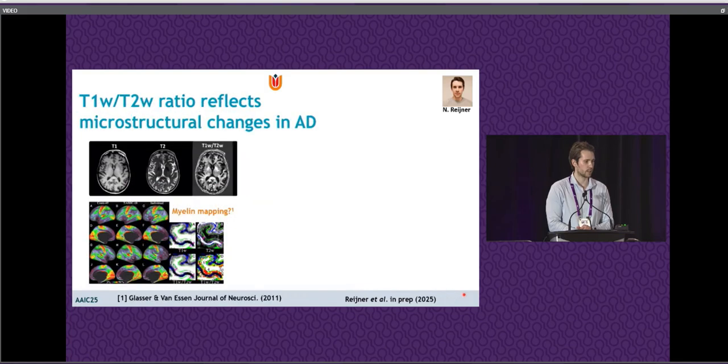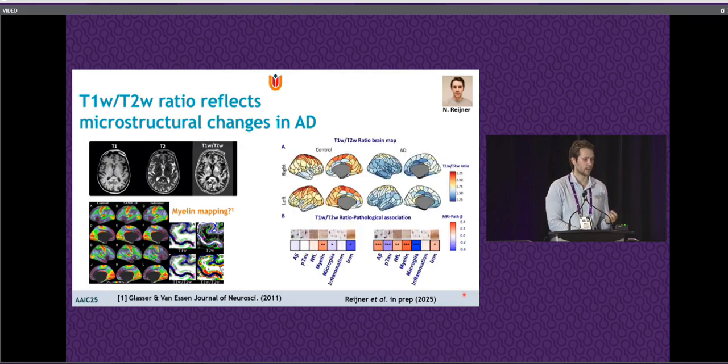And then when we looked at this regionally, we saw that the hippocampus was unsurprisingly the strongest regional marker for this association. And then we looked at the T1, T2 ratio, a very simple marker, but clinically viable, which was postulated first by Glasser and Van Essen to map myelin in the brain. They looked at this in control cases, and we postulated that as soon as you look at neurodegenerative diseases with a lot of pathological processes, these processes also start to contribute. So it's more of a marker of cortical integrity.